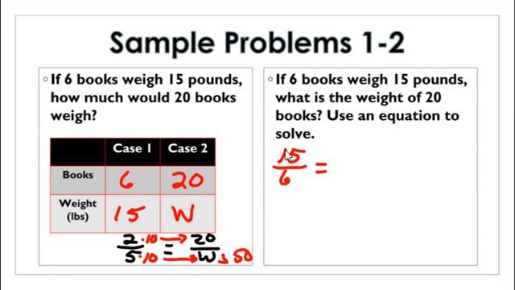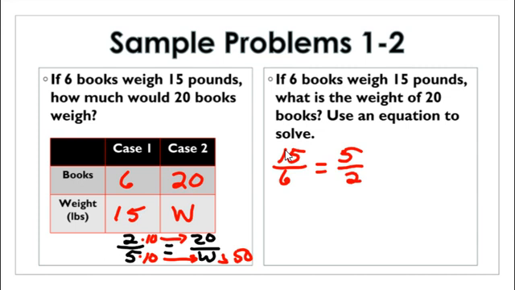Here I'm going to keep this as a fraction because I think it might be a little bit easier to solve. So I can reduce 15/6. We did that on the first side. We said 6/15 was 2/5. So if I divide this by 3/3, I would get 5/2.